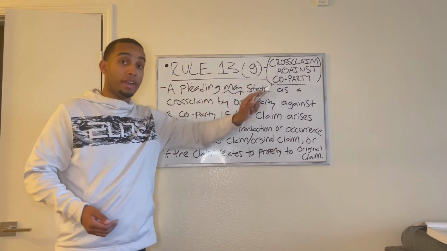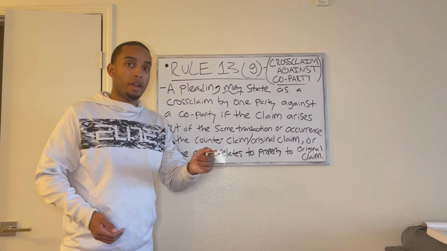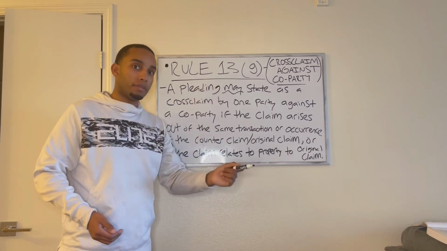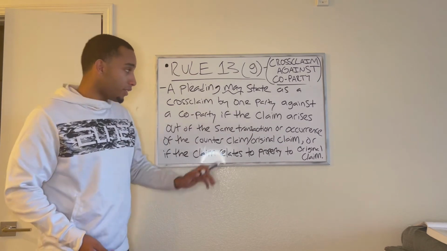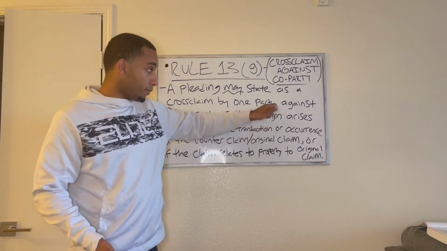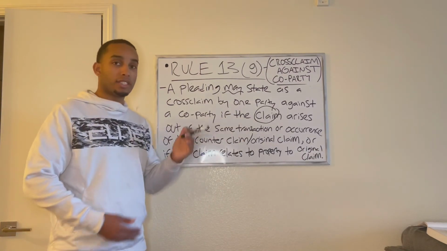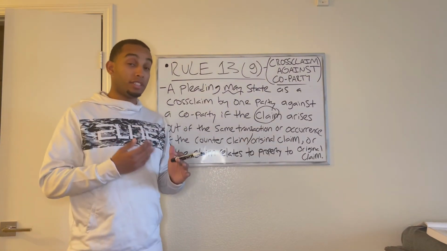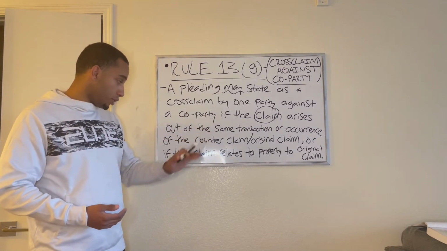That is an example of a cross-claim against a co-party. The co-party is defendant 2, who hit the first defendant's car, which caused the damages to the plaintiff. And also, remember this, the claim must arise out of the same transaction or occurrence, basically the same fact pattern as the claim that's being dealt with in the situation.